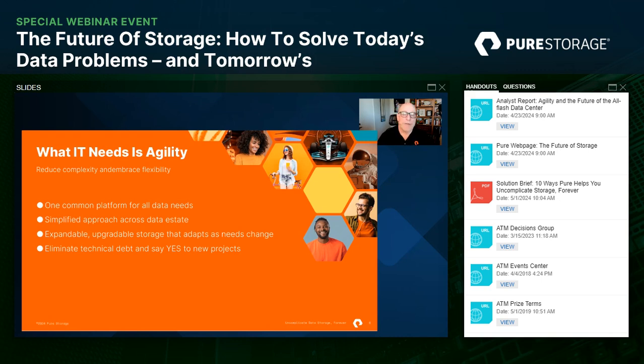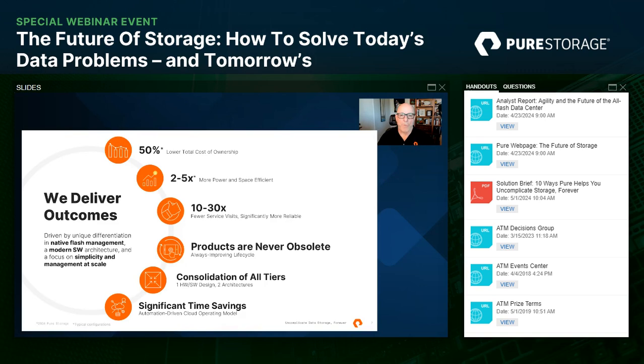Wouldn't it be great if you can have that sort of flexibility, that manageability on-prem as well as in the cloud, so that you can say yes to more projects and yes to the demands that are coming up within IT? And that's exactly what we're doing here at Pure. As Dawn said, from the very beginning, we took a look at how we can design our storage so that it can adapt and grow with your needs over time.